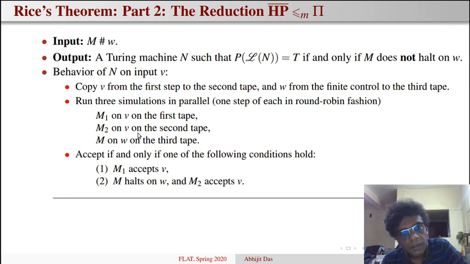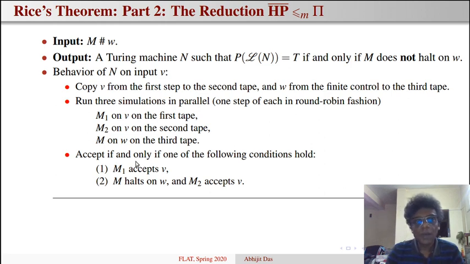If any of these 2 conditions is satisfied, then N accepts, otherwise it rejects implicitly or explicitly, depending upon whether the simulations are looping or not.